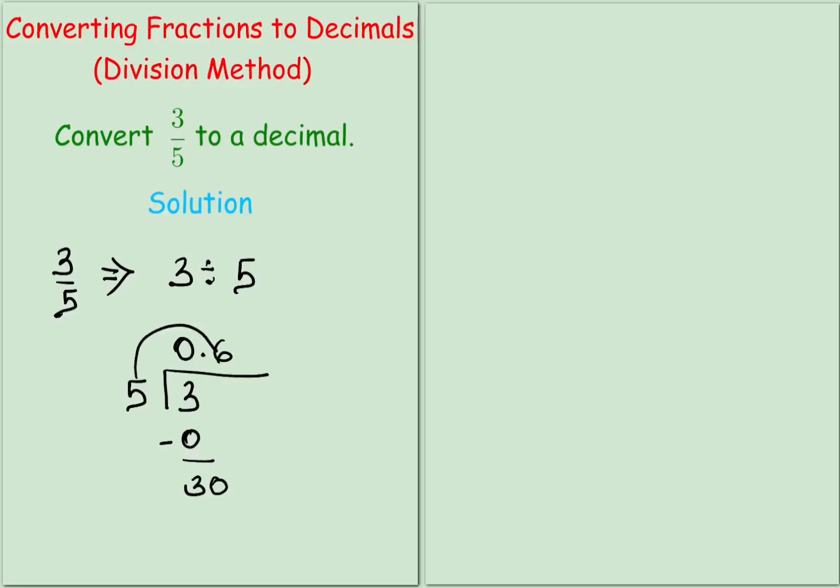So 5 times 6 gives us 30. You write that under, and then you do your subtraction, giving you a remainder of 0. Which implies that your 3 over 5 has become what you have here, which is 0.6. And that is your conversion.